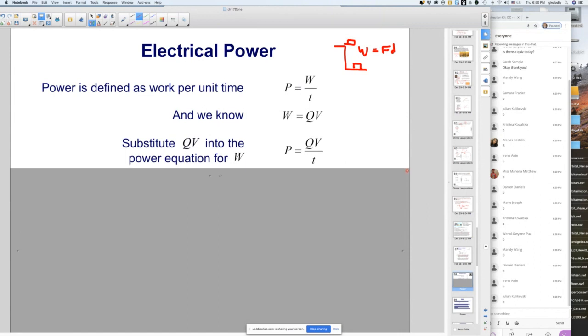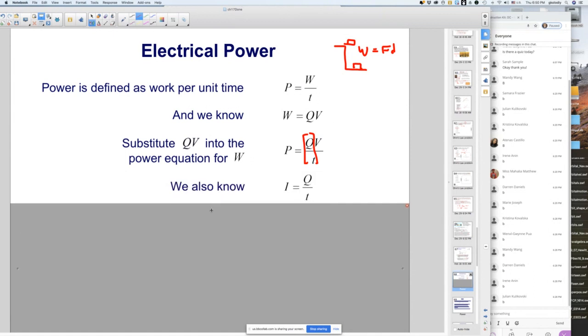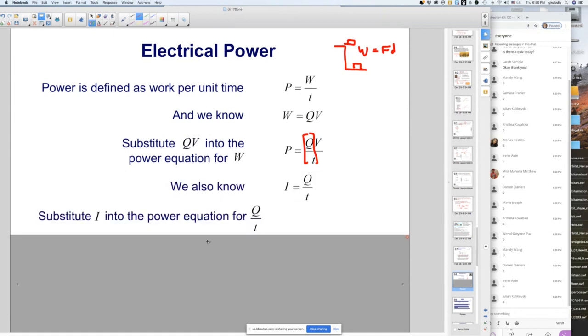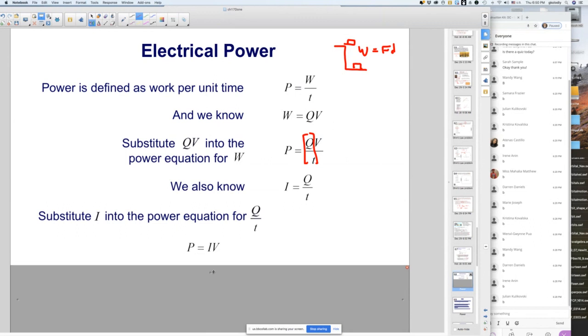We get Q over T here, and Q over T is just current. That's how current was defined, if you remember. And so we can substitute I for Q over T in the equation, and we get the power.